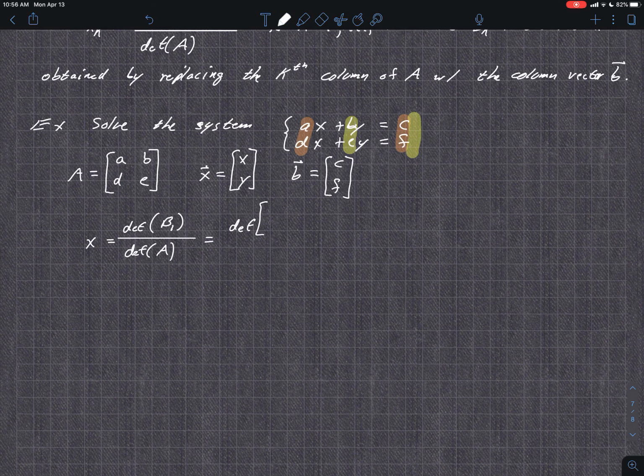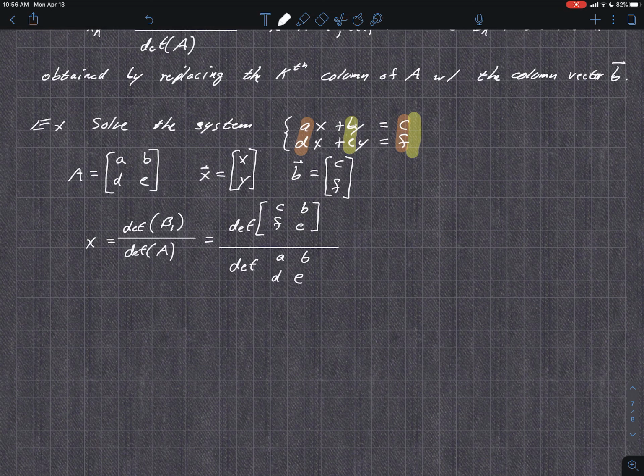So make it a column, C, F, and then B, E. So it's that determinant over the determinant of A.